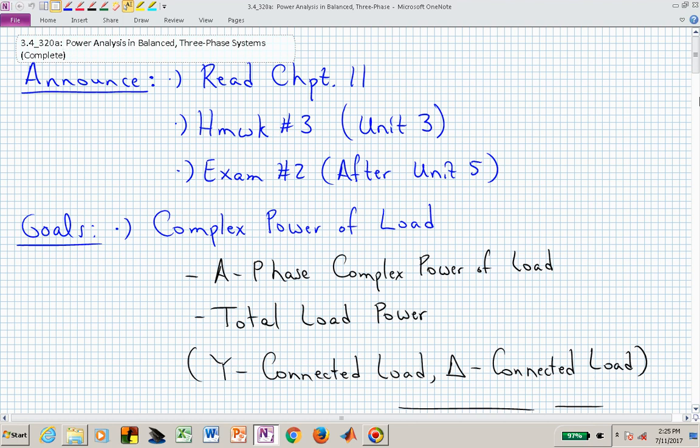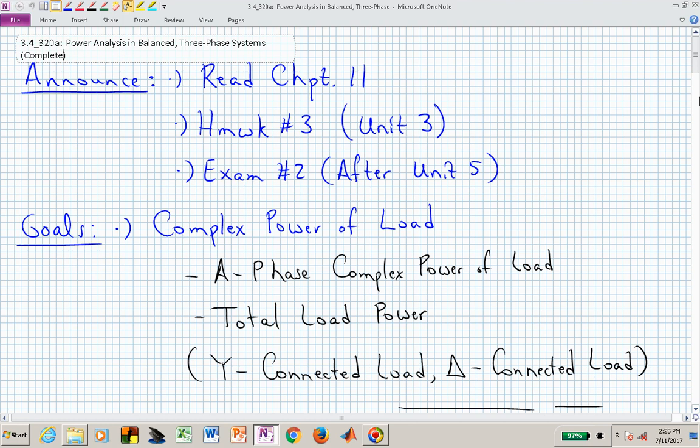What we want to do now is talk about how we can find the complex power of a load, and you need to be clear as to what somebody is asking. Is it a particular phase that they want the complex power, or is it the total of all three phases?